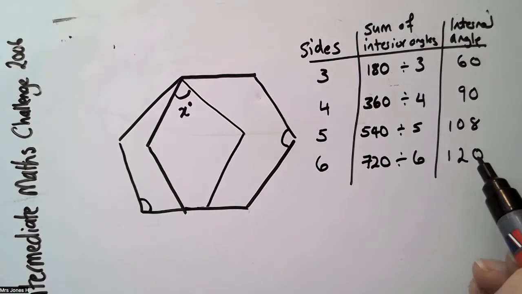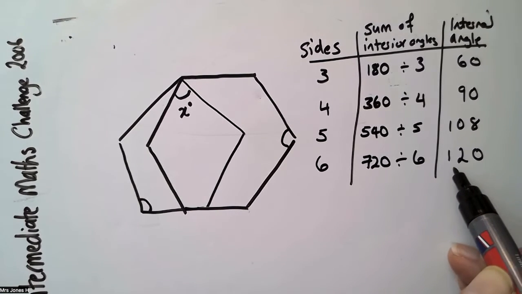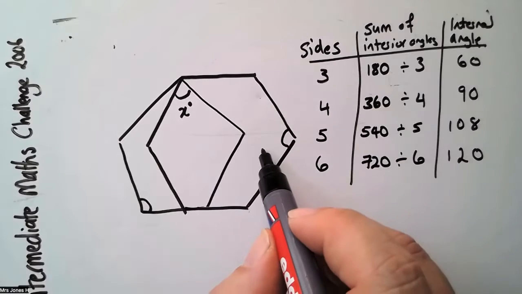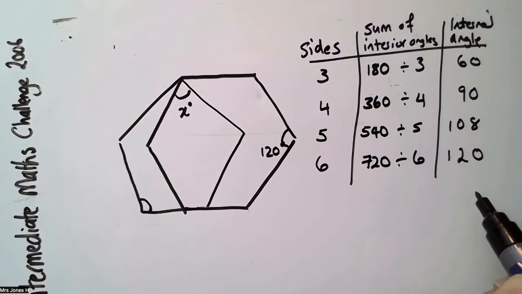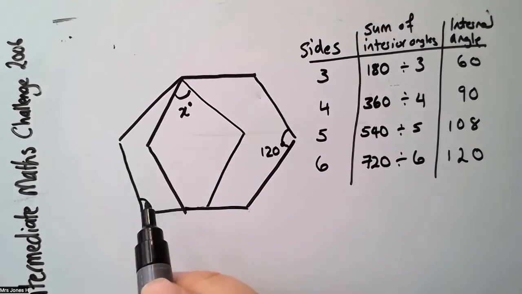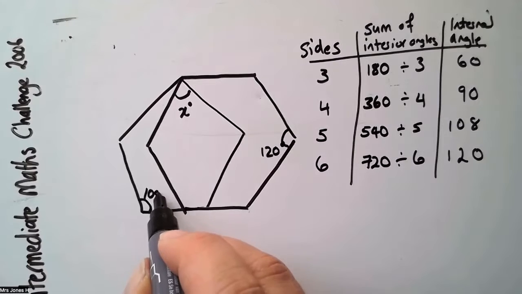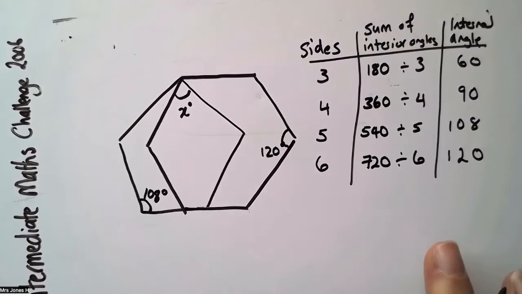So therefore, the internal angle inside a hexagon is 120 degrees, and the internal angle inside a pentagon is 108 degrees.